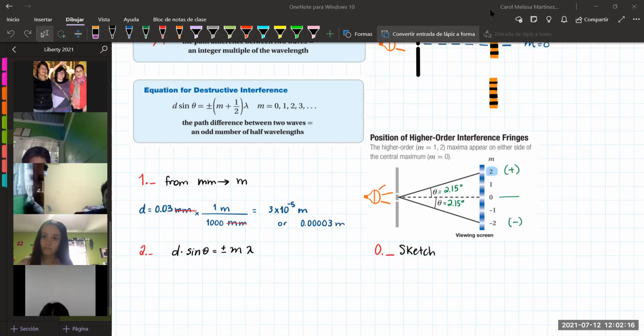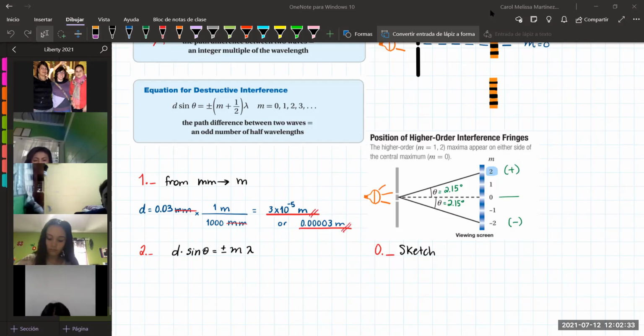Both are correct, but I prefer that for this kind of problem we use scientific notation. But that's my personal choice. In the end, it doesn't really matter.